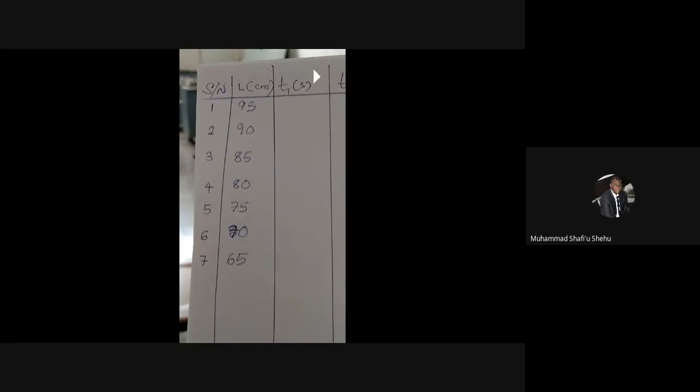Starting from 95 in steps of 5, we have 95, 90, 85, 80, 75, 70, and 65. The next thing is to make a column for the time T1 and time T2. So how do we take our time?